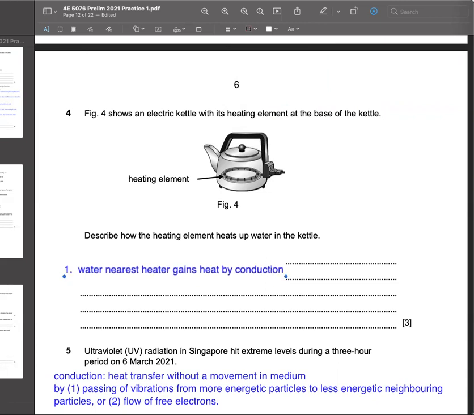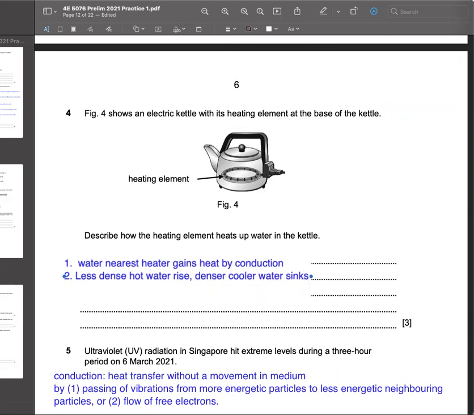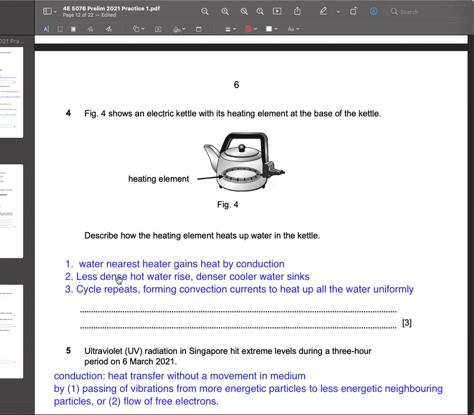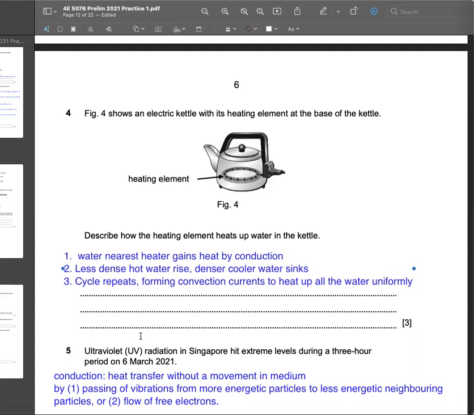Then the less dense hot water rises, while the denser cooler water sinks. Then the cycle repeats, forming a convection current. Number two, heat up all the water uniformly or efficiently. Okay.